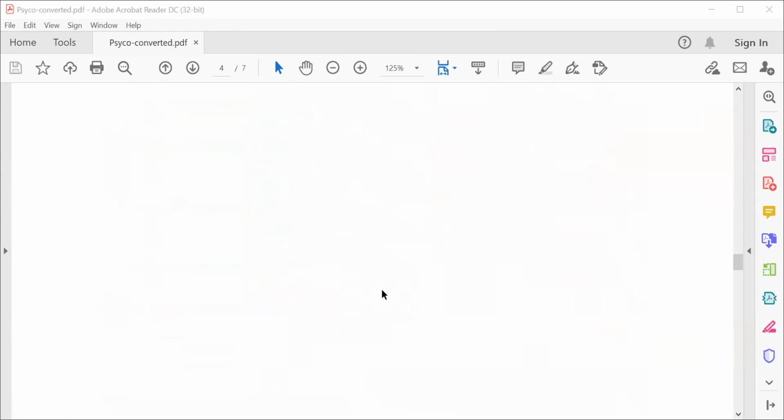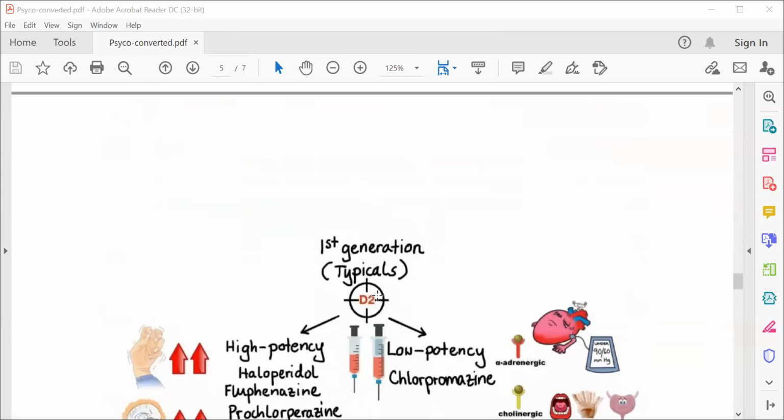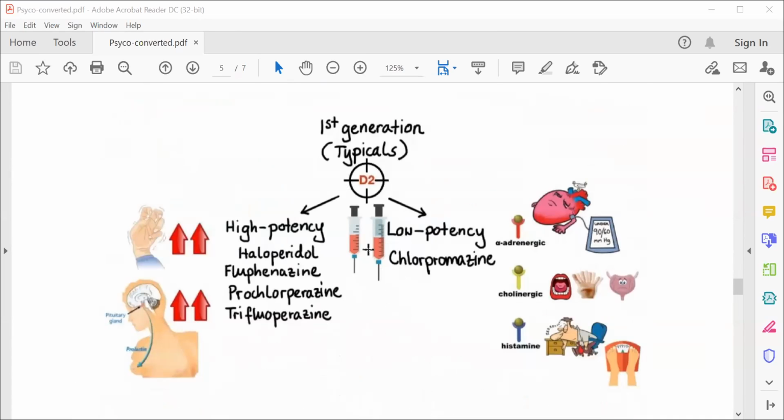Now we will talk briefly about them. We have two main classes of these first generation antipsychotics, the high potency and low potency. Most of them are high potency, including haloperidol, fluphenazine, prochlorperazine, and trifluoperazine.